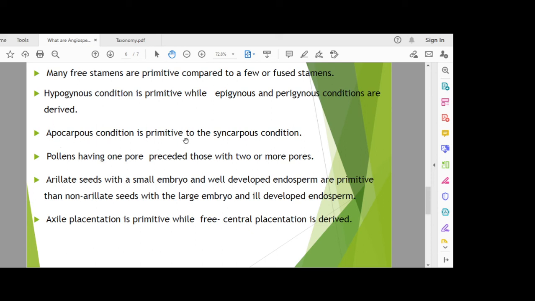Apocarpous condition is primitive to the syncarpous condition. Pollens having one pore preceded those with two or more pores. Arillate seeds with a small embryo and well-developed endosperm are primitive, then non-arillate seeds with a large embryo and ill-developed endosperm.